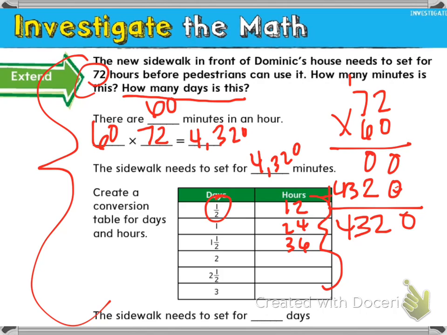We've got 12, 24, 36, 48, 60, and 72. So this tells us right here that 72 hours equals 3 days. So the sidewalk needs to set for 3 days.